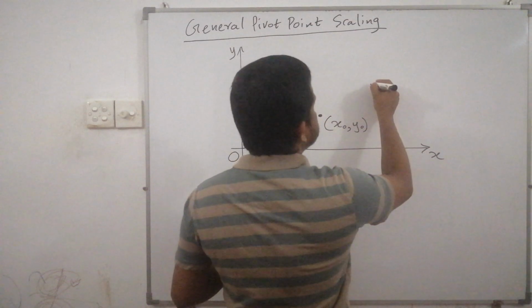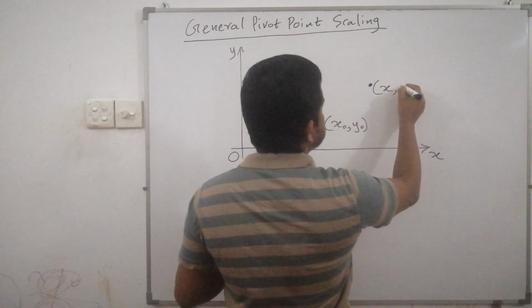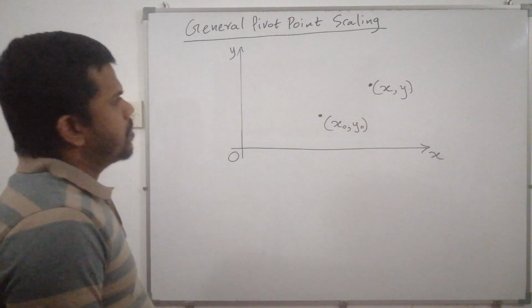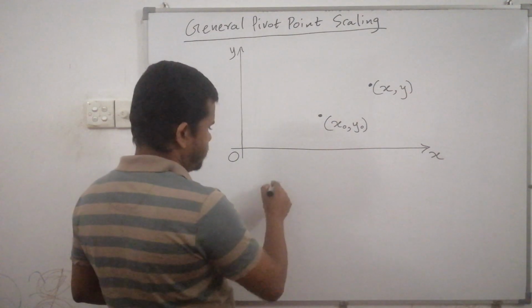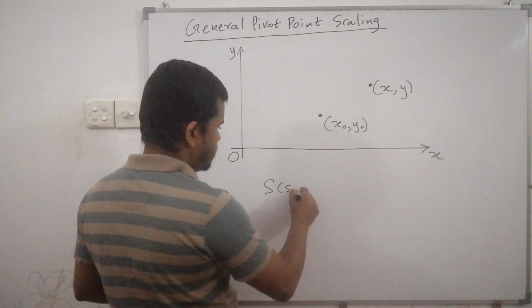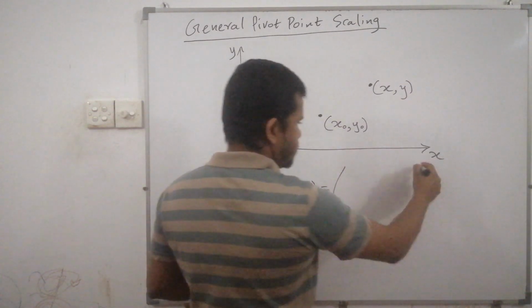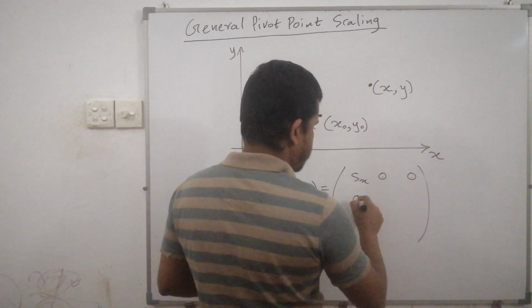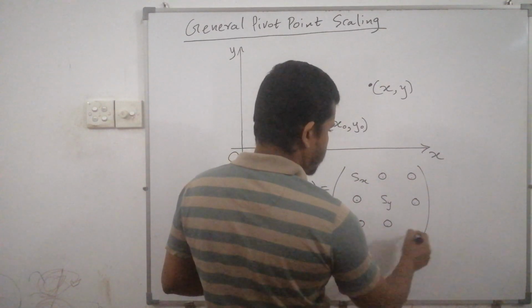Now we have a point. If you recall the earlier scaling matrix, it is like this: Sx 0 0, 0 Sy 0, 0 0 1.